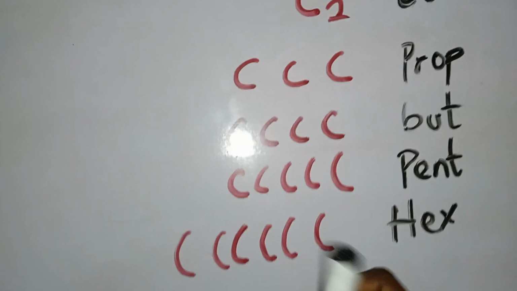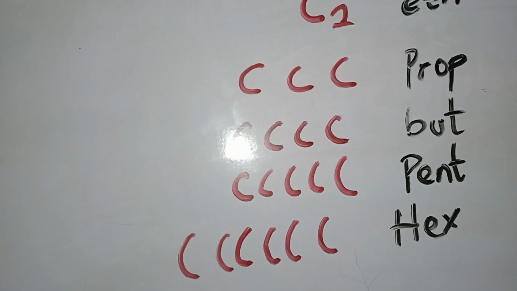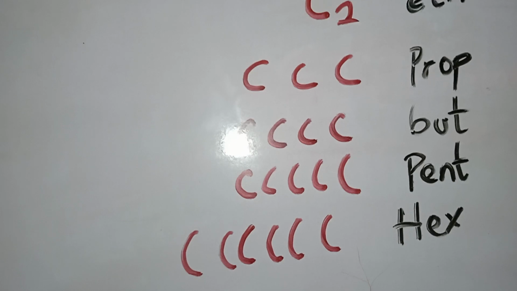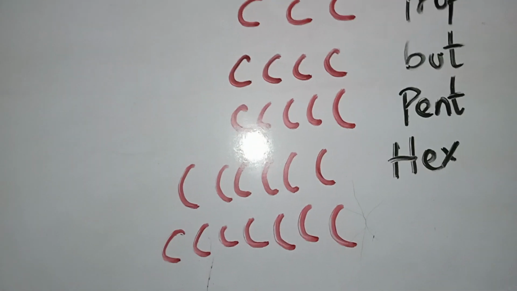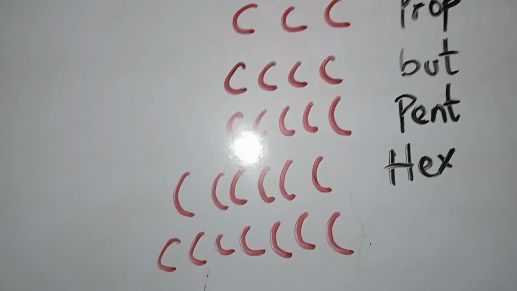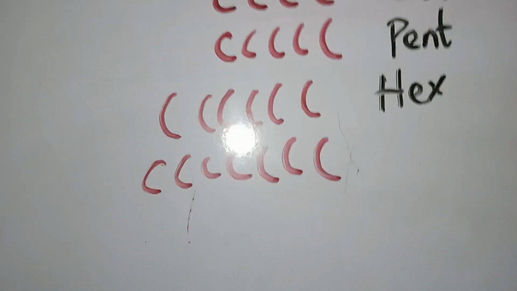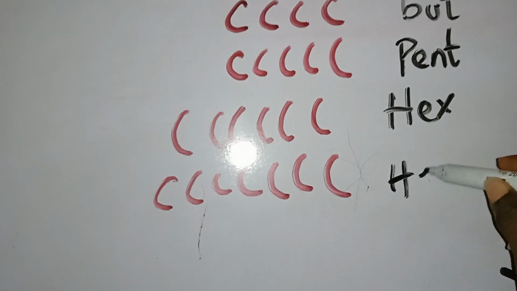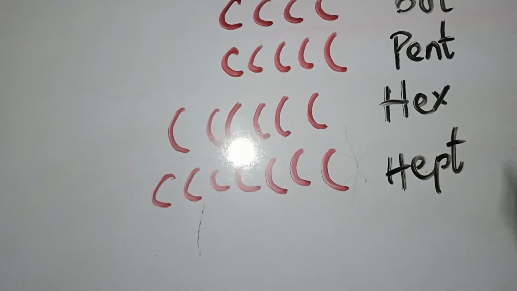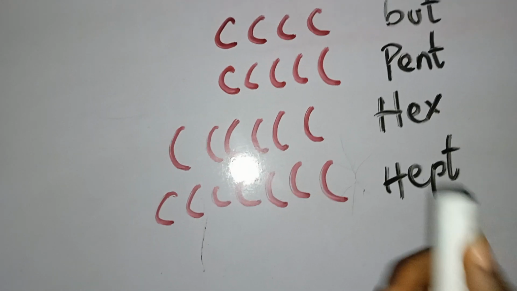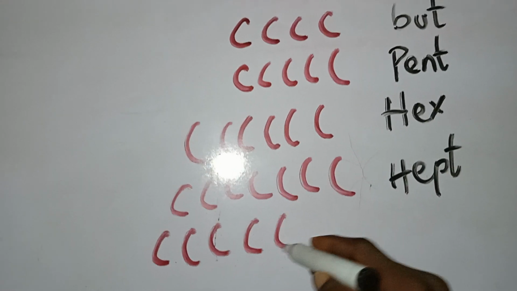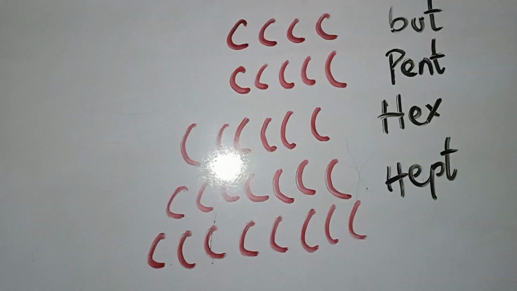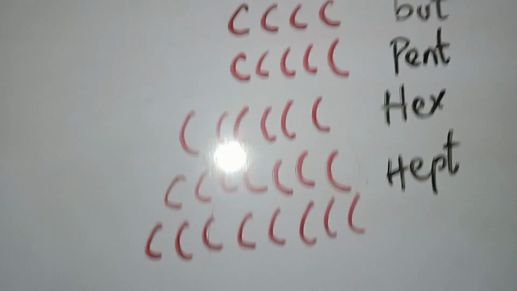When it's 7 carbons, it is hept. Now when it's 8 carbons, 1, 2, 3, 4, 5, 6, 7, 8, it is oct.